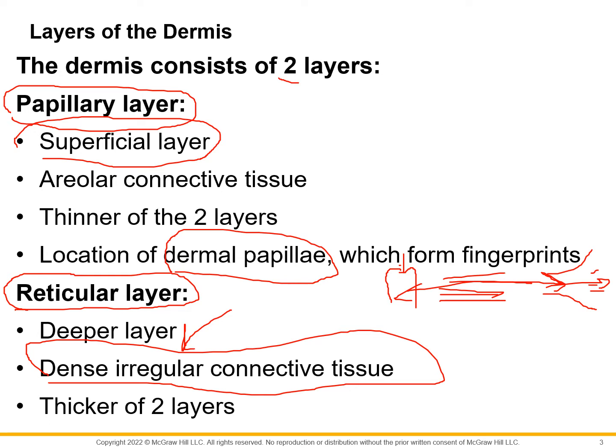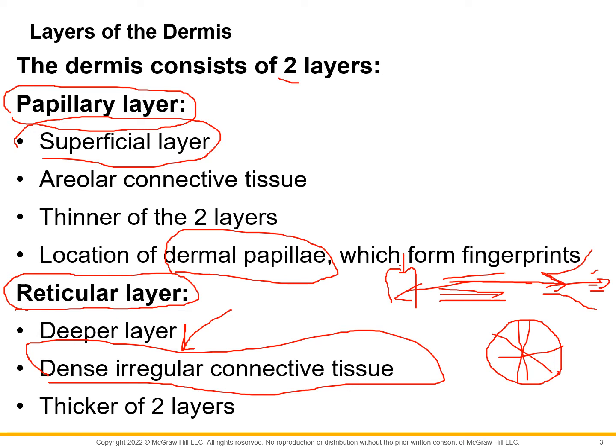So dense irregular means the fibers are kind of going in every direction. This gives the most strength in all directions. I sacrifice extra strength in any one direction, because if I wanted that in one direction, they would be regular. I sacrifice the extra strength in one direction to gain the strength in all directions.